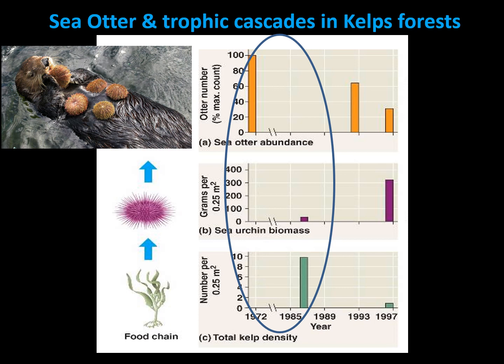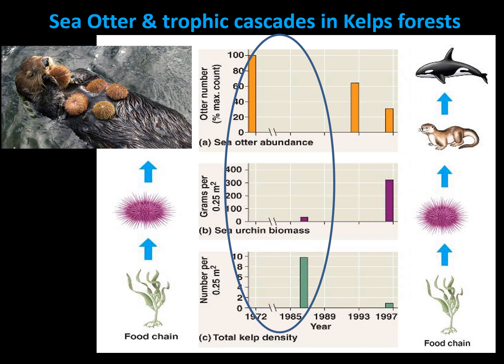Okay, and the reverse happens when you reduce the abundance, when you cull sea otters, when you kill sea otters. Okay, when the sea otters succumbed to predatory pressure from killer whales, right?